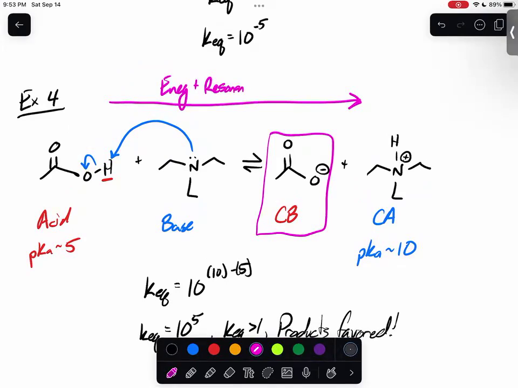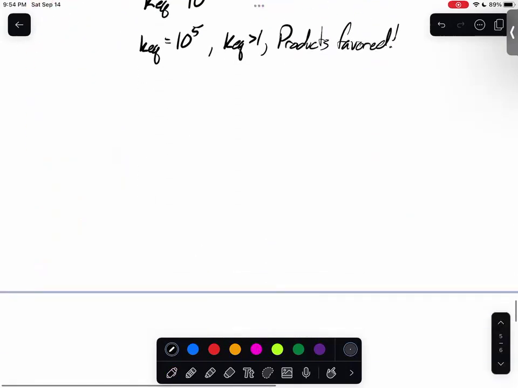Because the electronegative oxygen's happy with the negative charge, and the resonance shares the negative charge between two oxygens, which is a good thing. So overall, that's what we're looking at for this example here. Charges are not always unfavorable. It really depends. Let's move on to example 5.